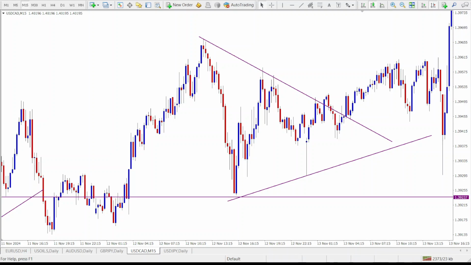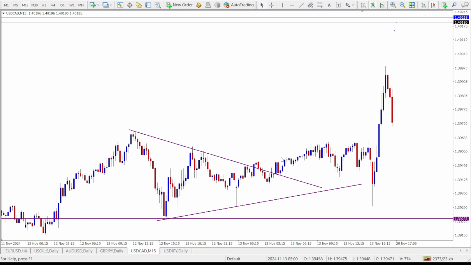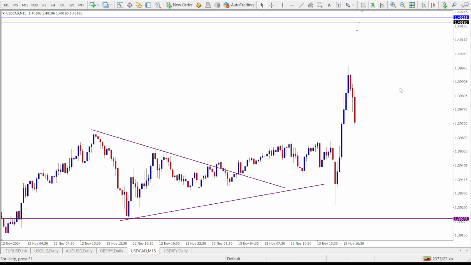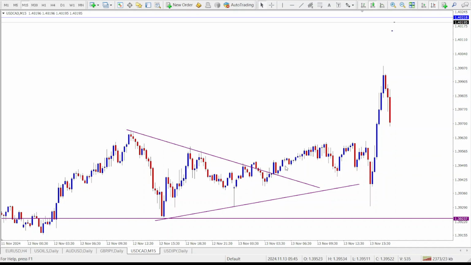In scalping, triangles are valuable because they show us a consolidation phase, and traders often see sharp price movements once the breakout happens, as you can see here. When you spot a triangle, wait for the price to break out of the pattern and confirm the direction before entering a trade.